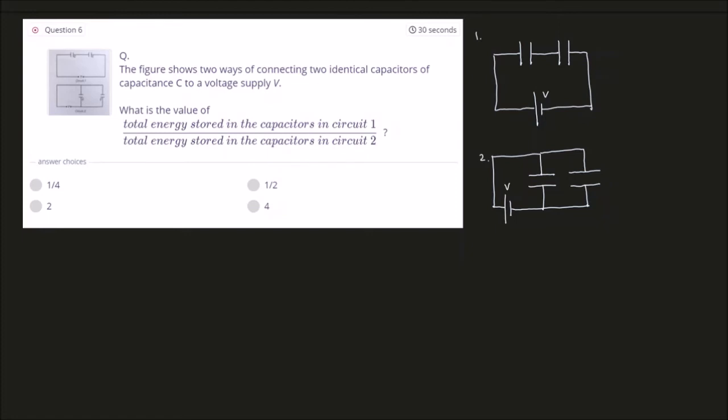Now they ask for the total energy stored in circuit 1 divided by the total energy stored in circuit 2. So how should we find this? What we can do is change it to the equivalent capacitance first, converting it into one single capacitor. In that way, it will be easier for us to determine the energy stored in that equivalent capacitor. So we'll convert it to something like this, and something like this.